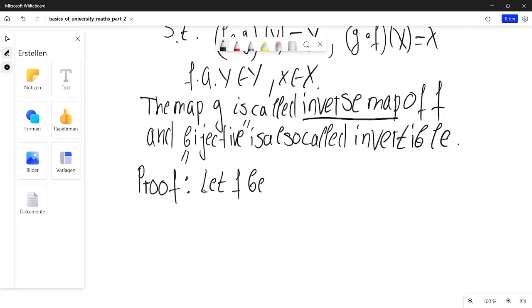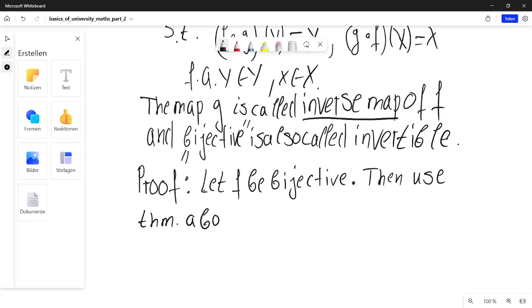If F is bijective, use the theorem above. To define G from Y to X. And how would we define that?